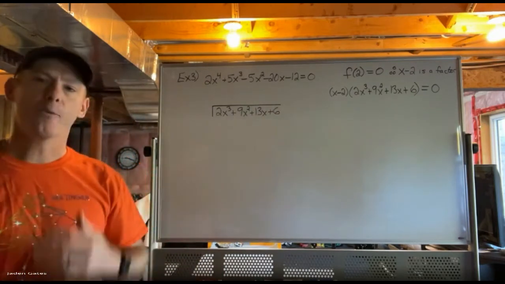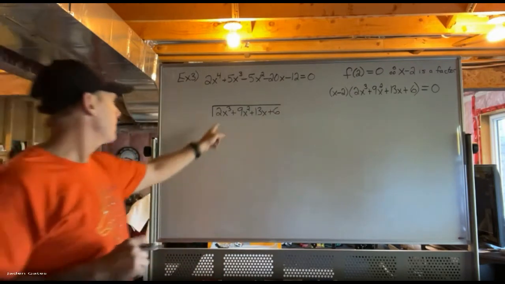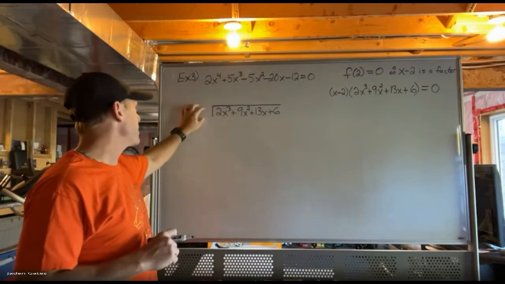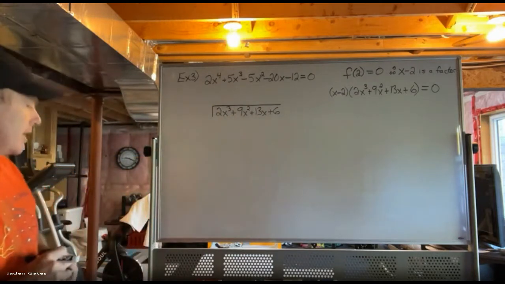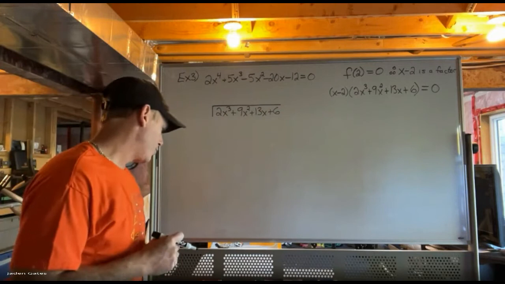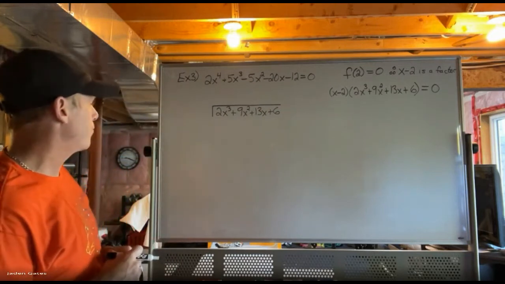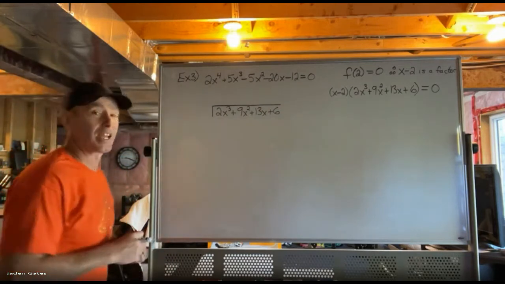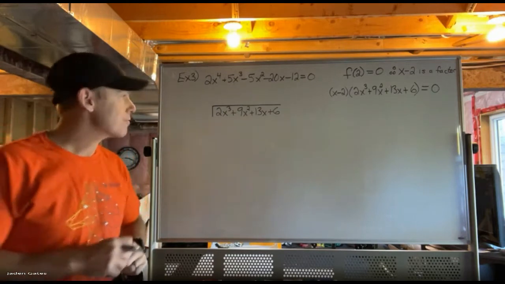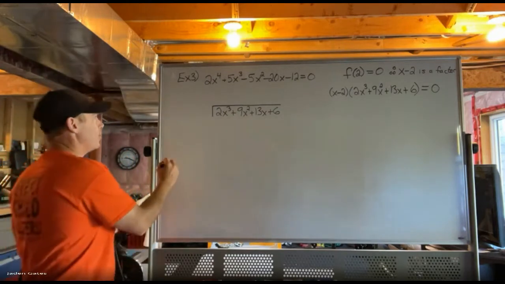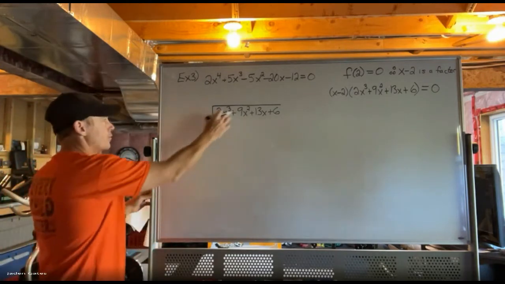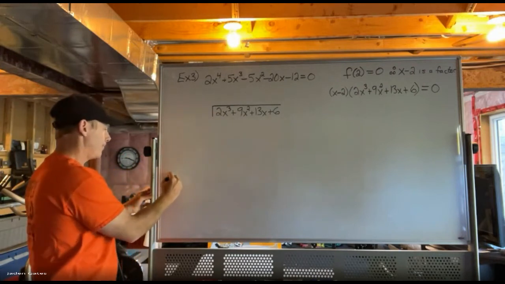So again, I'm going to have to use the factor theorem to figure out what to divide this polynomial by. I guess I could try, well, I'm going to try -1 because I'm looking at my answers. So I'm going to plug in a -1 to this polynomial just over on the side.